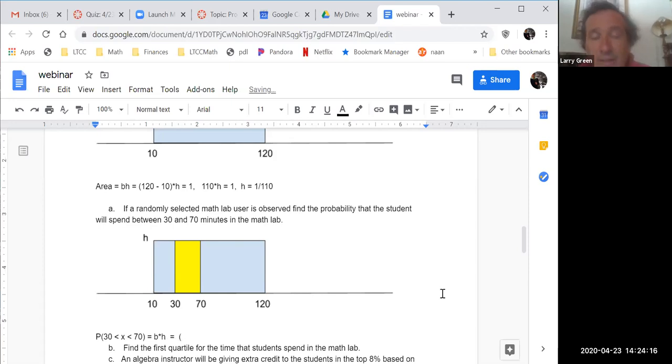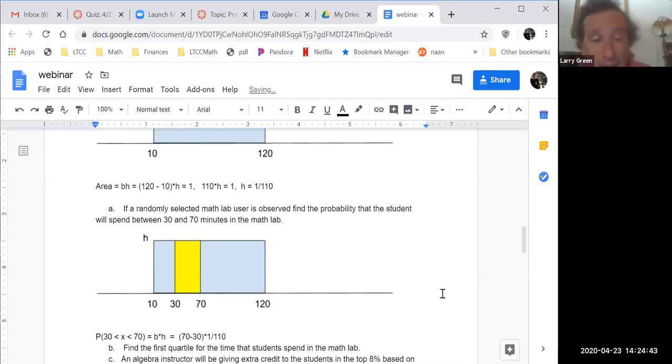What's the base? Okay, if you take the base, look at that yellow rectangle, means how far do you have to go? Yeah, you go from 30 to 70, 70 minus 30. I know some of you can do it in your head, but I think it's better for teaching purposes to kind of show you what's going on. And then times the height, well, we already found the height. That was 1 over 110.